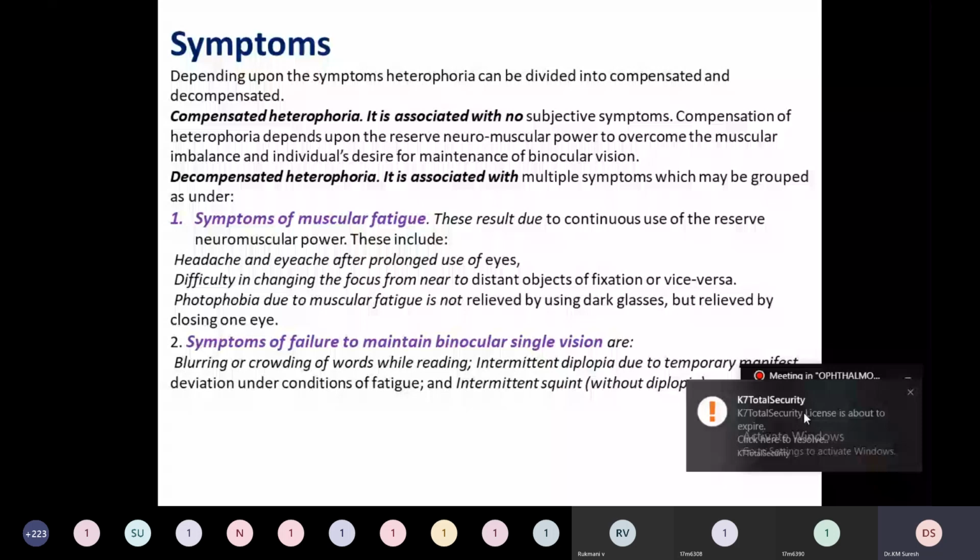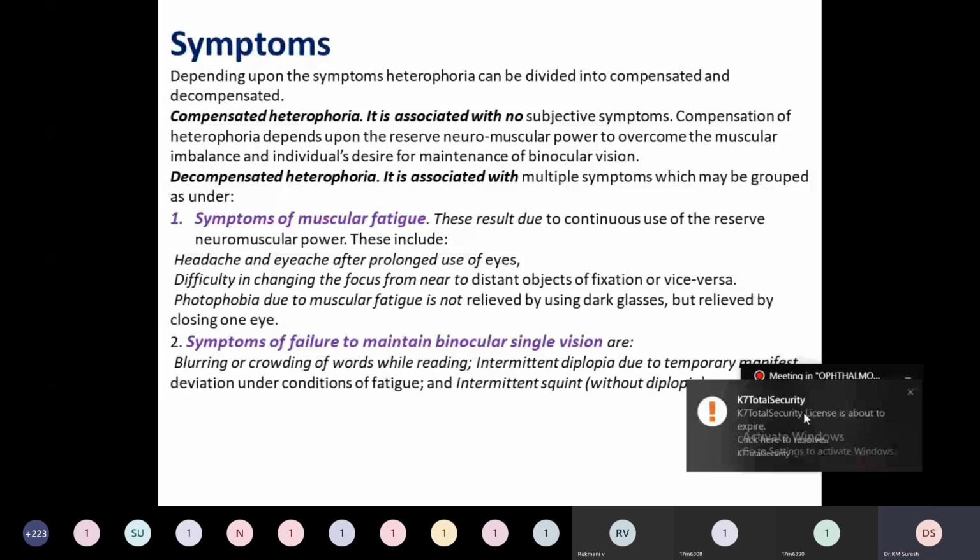So both the mental process and the ability of the neuromuscular system, if it is capable of compensating for heterophoria, then it is referred to as compensated heterophoria. So in such cases, normally the symptoms are much lesser, but in cases of decompensated heterophoria, patient will have symptoms of muscular fatigue.